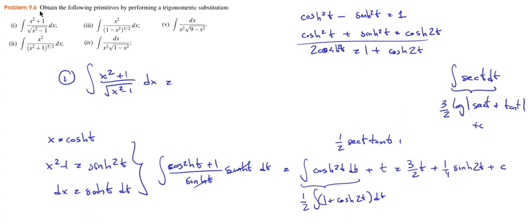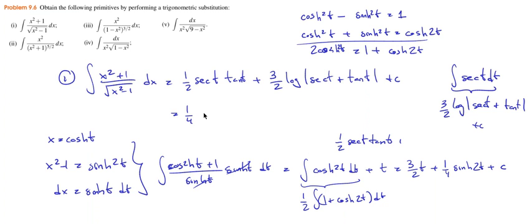Let's say this is 1/2 of the secant times the tangent plus 3/2 of the logarithm of the secant plus the tangent plus c, or you have 1/4 of the hyperbolic sine of 2t plus 3/2 of t plus c.